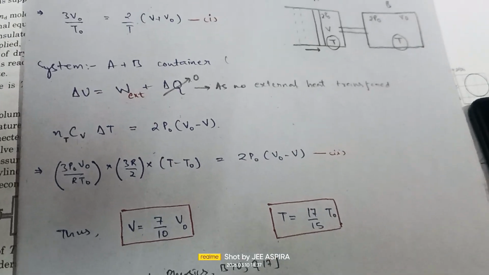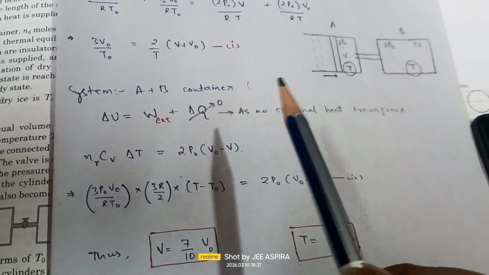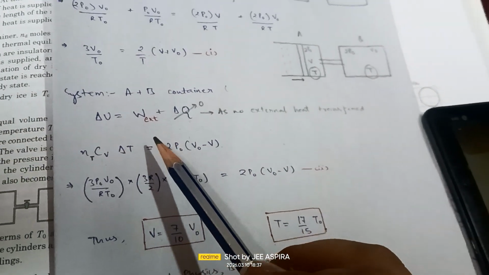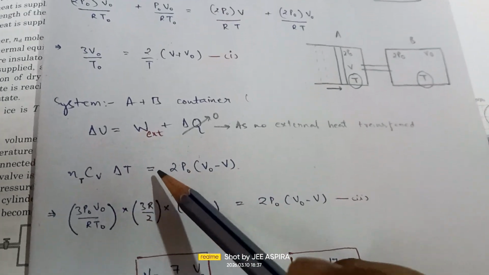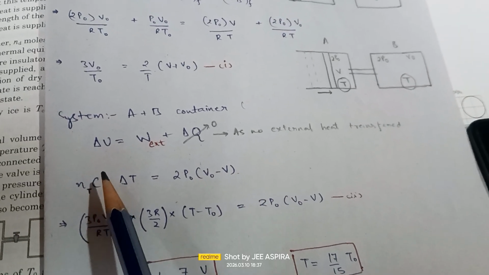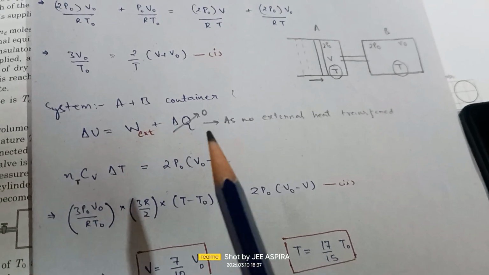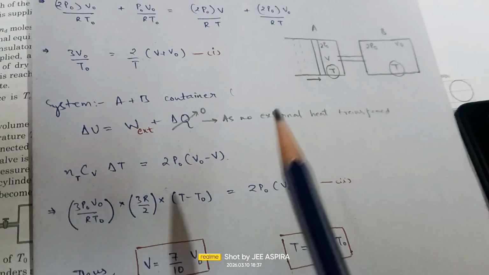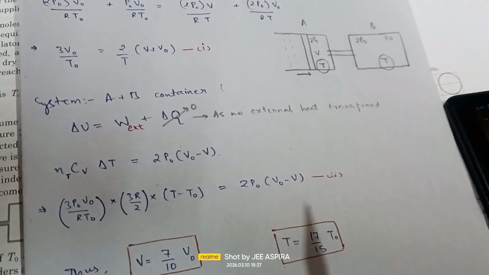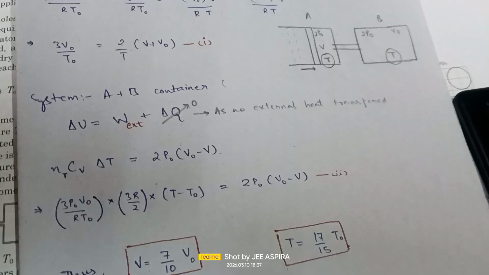As there is no external heat transfer to the system, delta Q will be 0 and delta U equals W. We know that delta U equals n Cv delta T, where n is the total moles, Cv for a monatomic gas is 3R by 2, and delta T is the temperature difference, where the initial temperature is T0 for both and the final is T. So T minus T0.